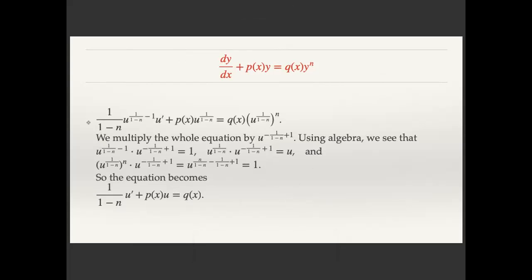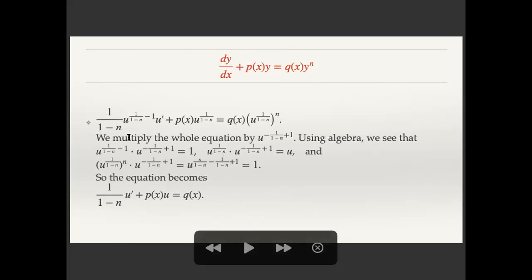So we have a bunch of different powers of u here in the equation, some of which need not be integers, some of which need not be real numbers, so some of which can be complex powers. And then 1 over 1 minus n times this thing. So we multiply the whole equation by u to the power minus 1 over 1 minus n plus 1. Why do we do that?